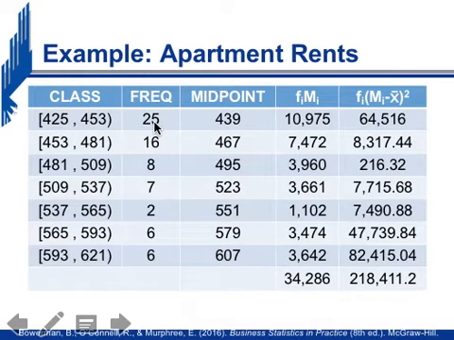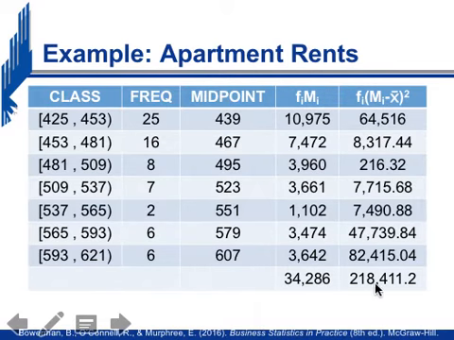So for the first row, that's 25 times (439 minus the mean, which is 489.8) squared. If you compute for that, you will get 64,516. Now do that computation for all the other rows and you'll get the following values.